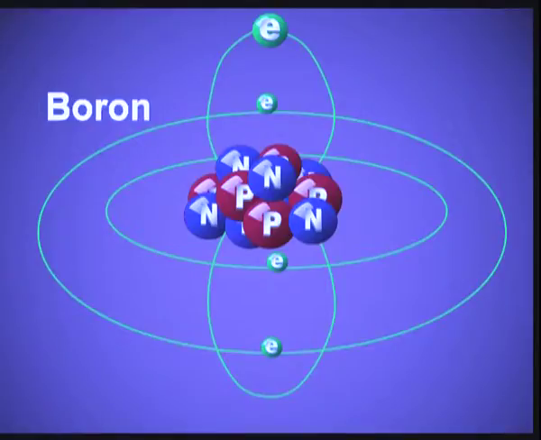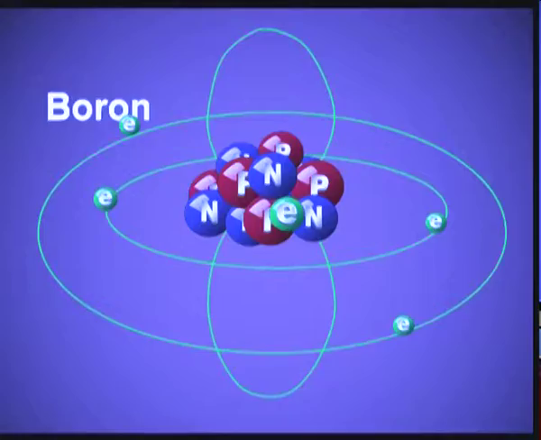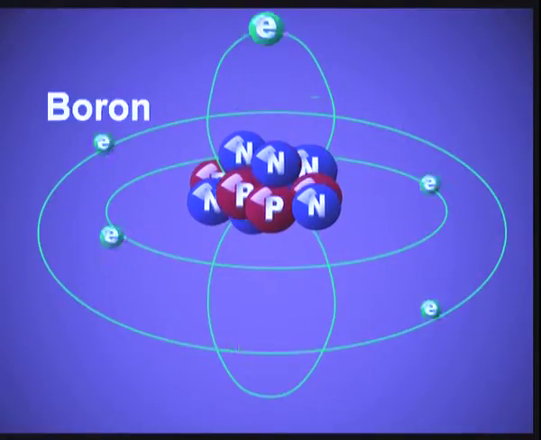Boron: the electronic configuration is 1s2, 2s2, 2p1 because the atomic number of boron is 5. There are 5 protons in the nucleus and 5 electrons, out of which 2 electrons are in the first shell, that is 1s2, then again 2 electrons in the next shell, that is 2s2, and one electron is in the p orbital, that is 2p1.